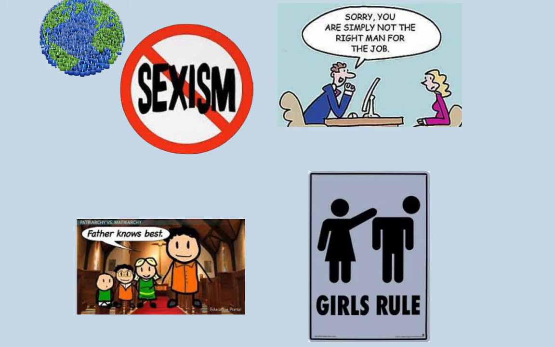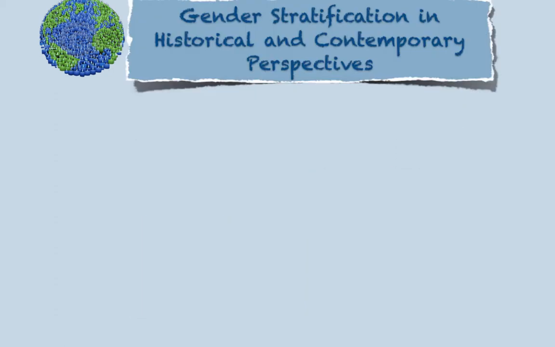Now, if we look at where this shift or movement of gender stratification, the way we view men and women, came from, how has it developed over time? Well, we can look at this division of labor, men's work and women's work. Where did it come from? How did it start? There are several factors that are important in determining the gender division of a society. One is the subsistence base.